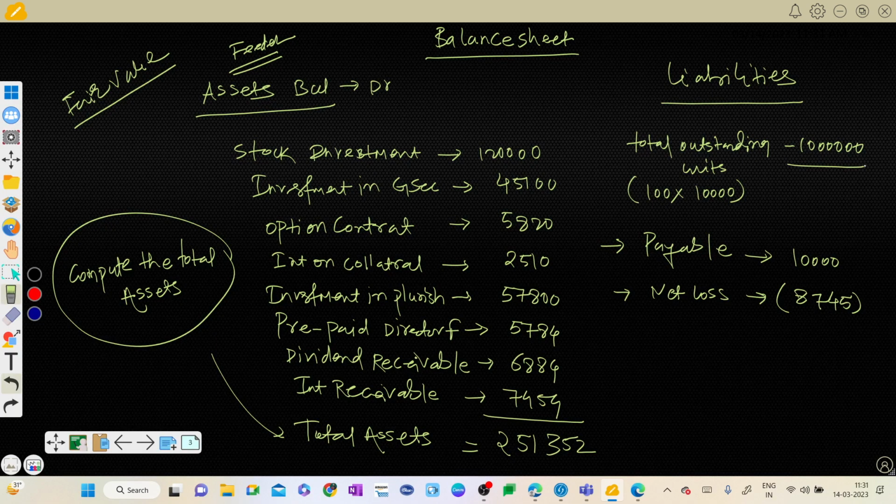And then redemption payable, 7840. Outstanding legal fees, 1542.